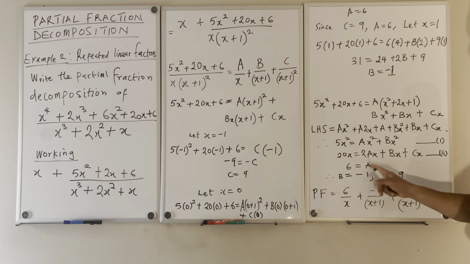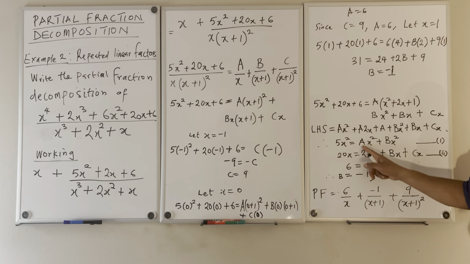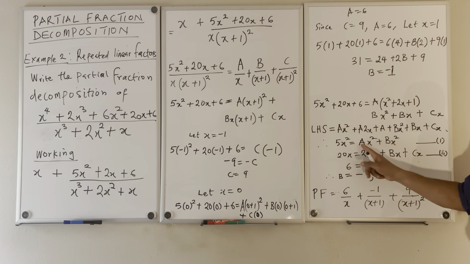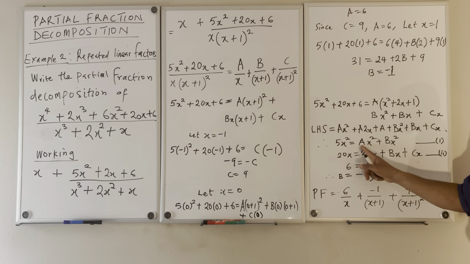Having found this, we can use the substitution method. We can substitute our a into equation 1, which we can think of as 5 equals a plus b. When I substitute 6 for a, I'll only be left with b as unknown.